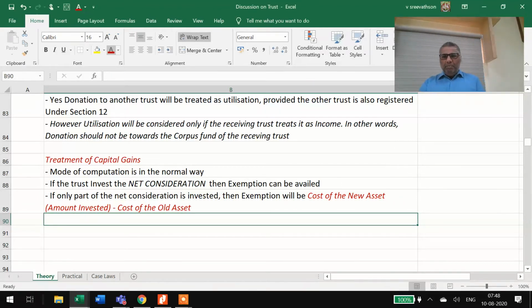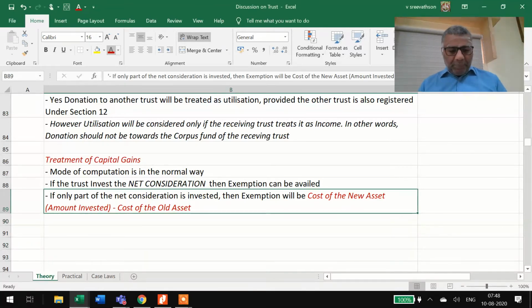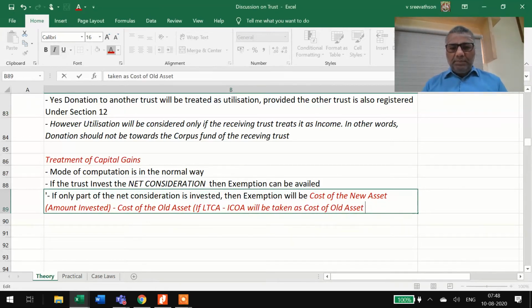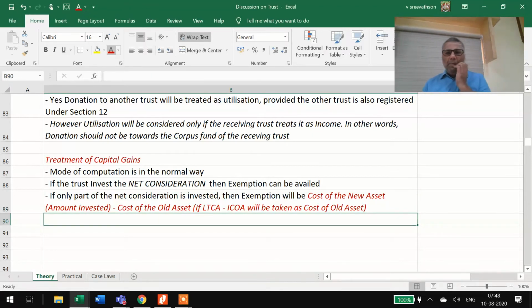And then the law says if LTCA, ICOA will be taken as cost of old asset. Cost of the new asset, that is amount invested, minus cost of the old asset or indexed cost of acquisition of the old asset.